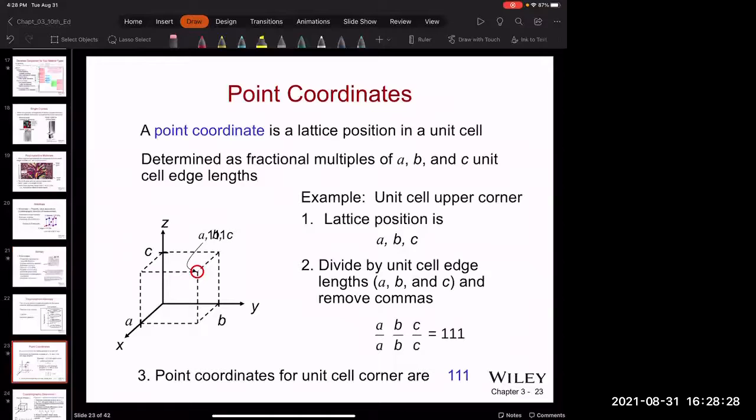Okay, the next important topic for this chapter is this one here. This is also known as Miller indices. The purpose of creating these indices is to specify the material's position, direction, and plane.